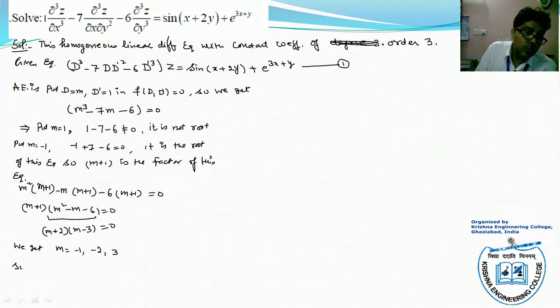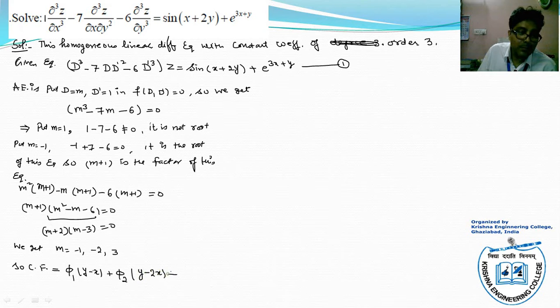So CF is equal to phi 1 of y plus m1 x, that means y minus x, plus phi 2 of y plus m2 x, m2 is minus 2, plus phi 3 of y plus m3 x, m3 is 3, y plus 3x. This is the CF, complementary function.